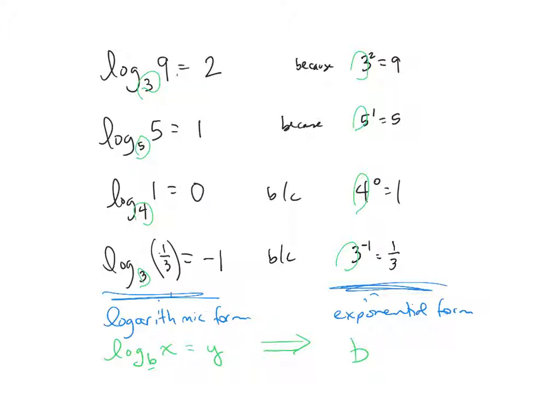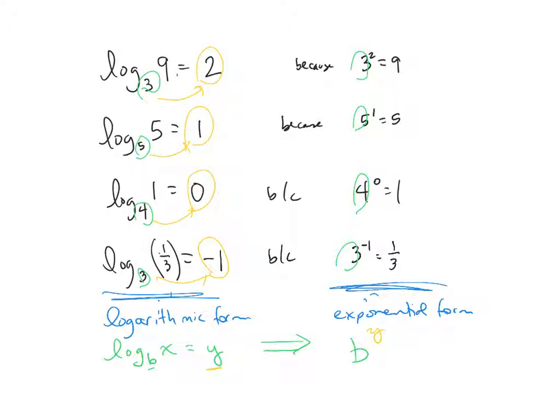So if I look now at the number on the other side of the log, well, the log is an exponent, right? So this is the exponent I would have to raise 3 to get 9, or raise 5 to get 5, or raise 4 to get 1, or raise 3 to get 1/3. So that part, the part on the other side of the equation, is going to be the exponent on that base.